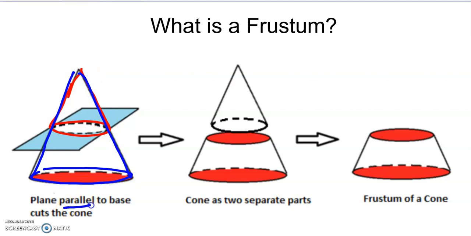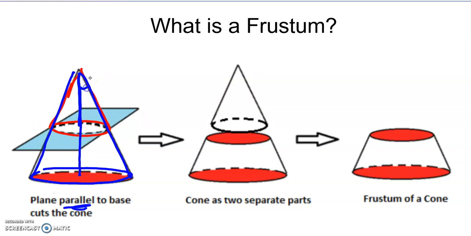Since this cut is parallel, we have a couple of things going on here. I'm going to draw in some heights: the height of the smaller cone, and the height of the larger cone. We have a triangle on the top and a larger triangle here as well.